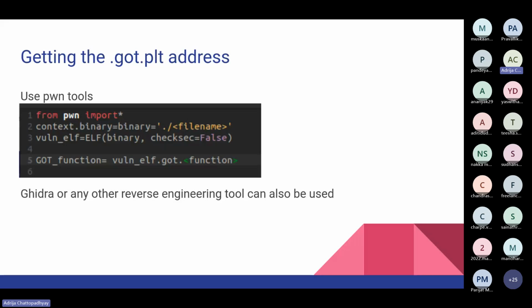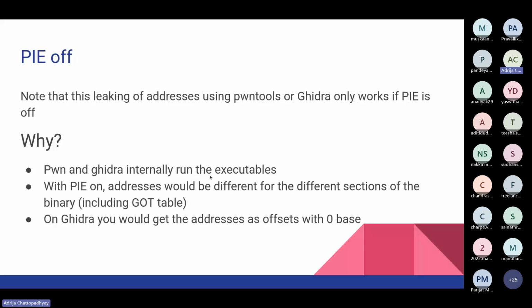Those are also pretty useful for getting your GOT addresses. Another thing: it works here because our ELF file is not position independent, so the addresses will be constant and the same every time.